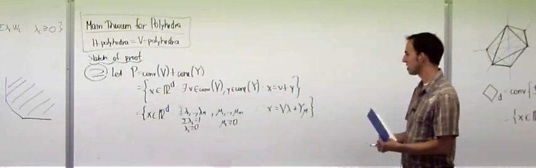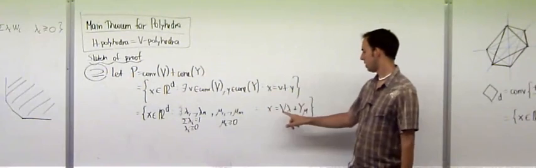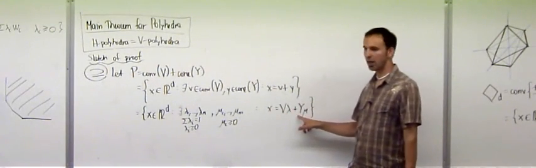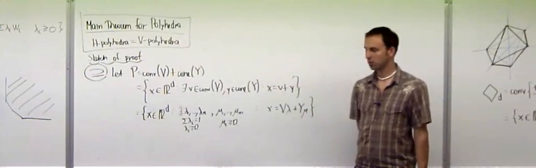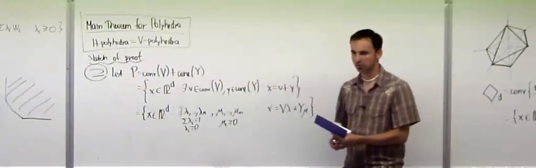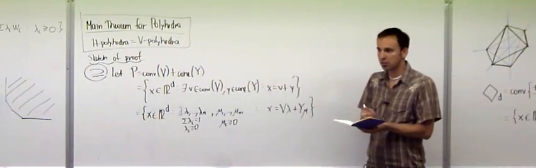And so what I'm saying here is that x can be written as a linear combination of the vectors in V, which are the vertices of the polytope, and the vectors in Y, which are the rays of the cone. Okay. All the coefficients are greater than or equal to 0, and the lambdas add up to 1. Good so far? This is just definitions.